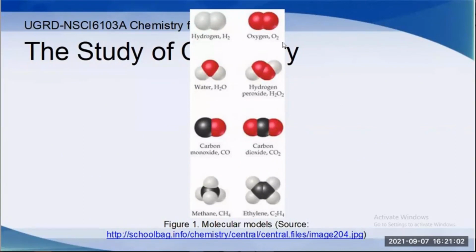2 oxygen atoms. These molecules are made up of the same element. Hydrogen and oxygen are naturally found in this structure. They are naturally found as molecules, right? And then we have H2O as water, hydrogen peroxide, H2O2, and so on.